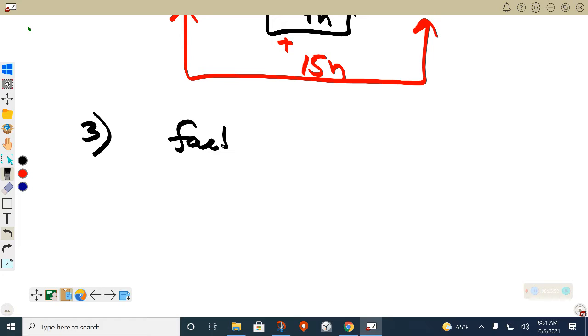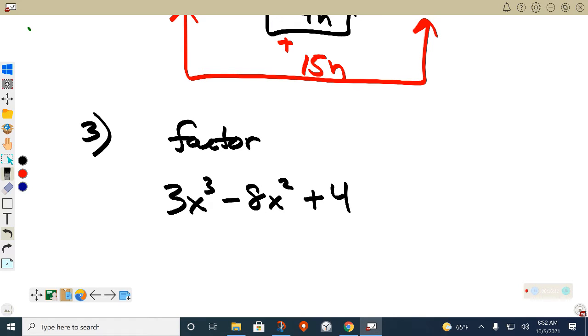Factor 3x to the third minus 8x squared plus 4x. Oops, 4x.